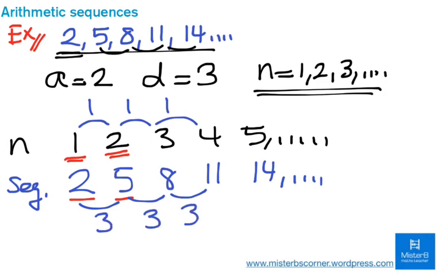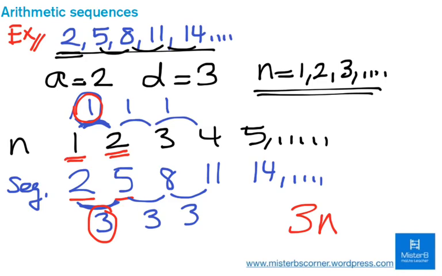So for every increase of 1 in here, I have an increase of 3 in here. So it's 3 times the difference here. So I can write down, this would be 3n, because every time I increase n by 1, I have to increase my sequence by 3. So it must be 3n.